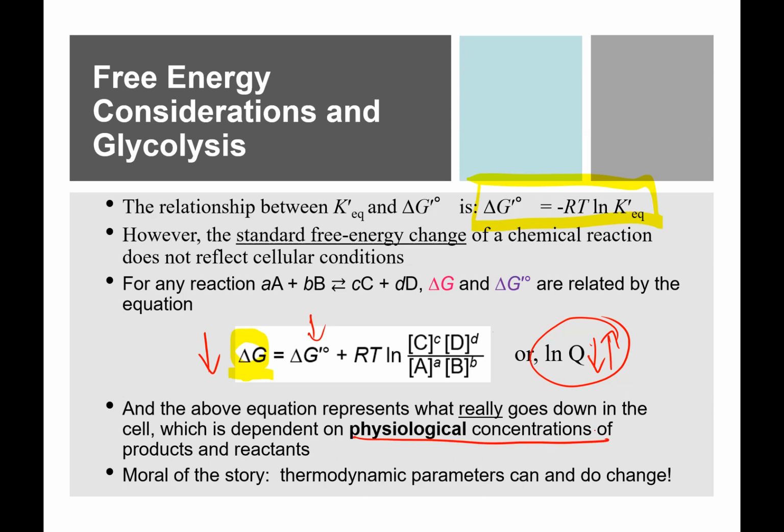And those are changing all the time, depending on what's going on in the body, energy needs, nutrient supplies, all this kind of thing, right? So these thermodynamic parameters can and do change all the time. So that's one thing we want to think about in relationship to glycolysis.